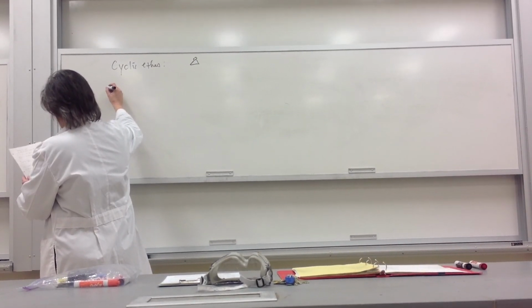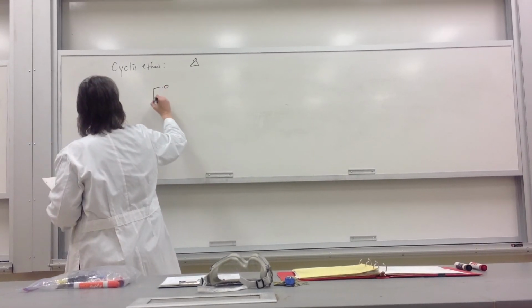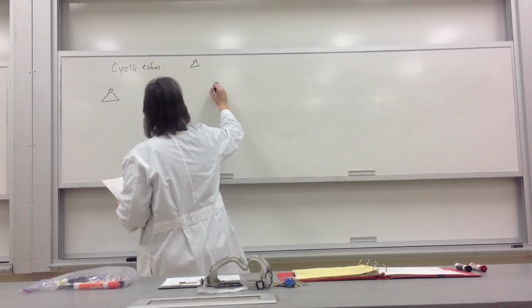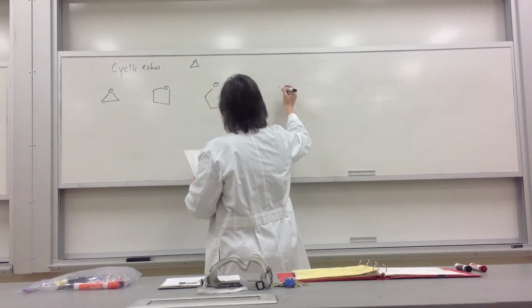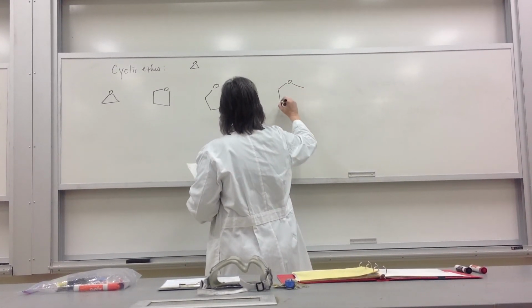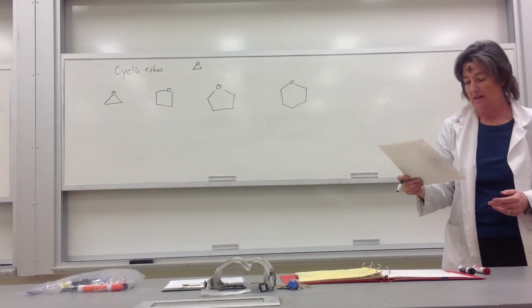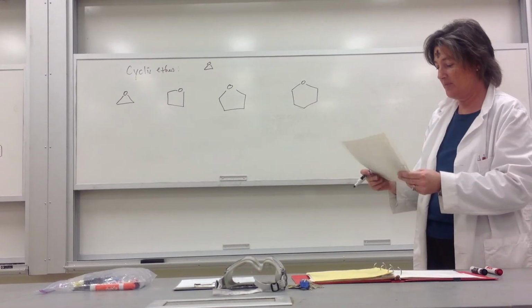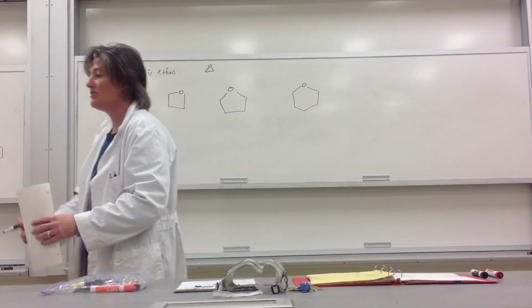Let's do that guy. 4-membered ring, 5, and I even have 6. Okay, I'm going to give you a couple of nomenclature systems that you can use.